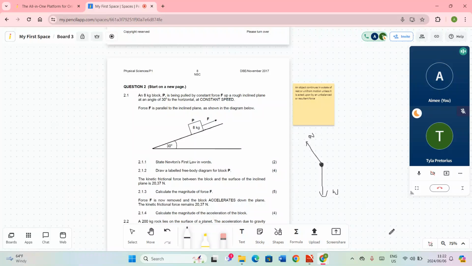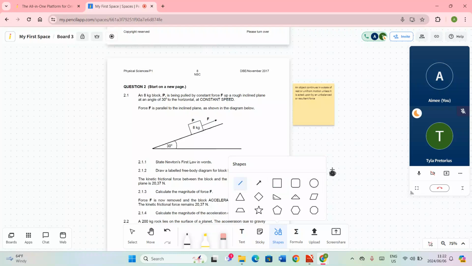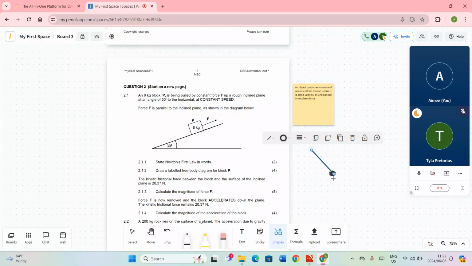Like I said, mine doesn't look so great. You definitely have to use a ruler. Okay, it's got an applied force going up the slope.